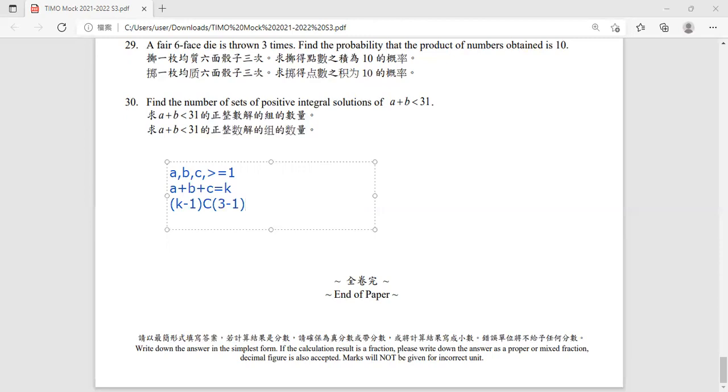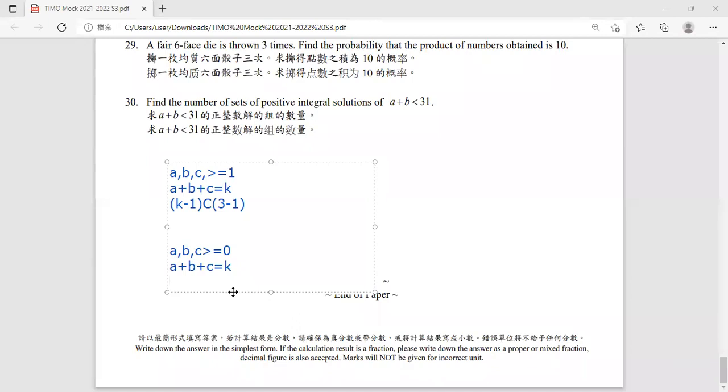But if I have something like a, b, c greater than or equal to 0, and still a plus b plus c is equal to K, I have to add 1 to every number here.